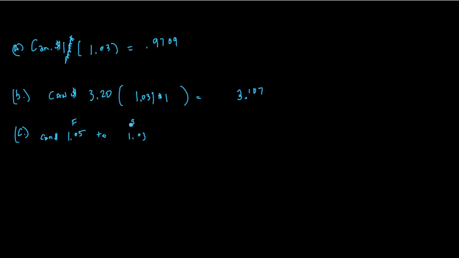So that's letter C. Letter D says, which currency is expected to appreciate in value? It's going to be the US dollar, relative to the Canadian dollar, because it takes more Canadian dollars to buy one US dollar in the future than it does today. E asks, if you had to guess, which country has the higher interest rate, the US or Canada? The interest rates in Canada are probably higher than in the US.